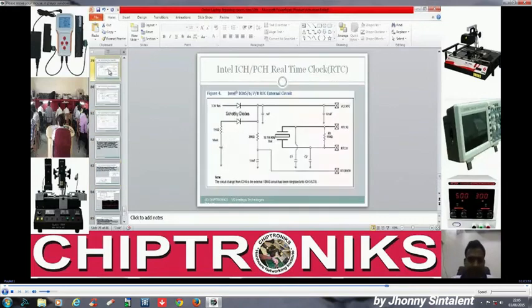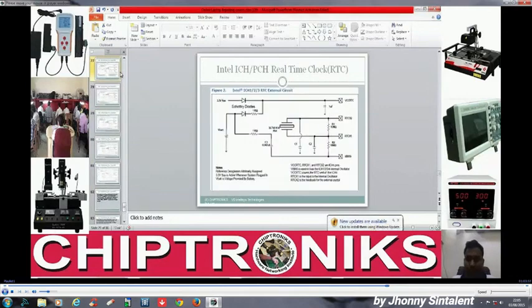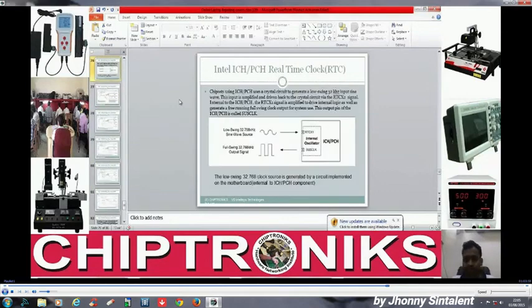This RTC plays a vital role. So I'm going to discuss the Intel PCH real-time clock.